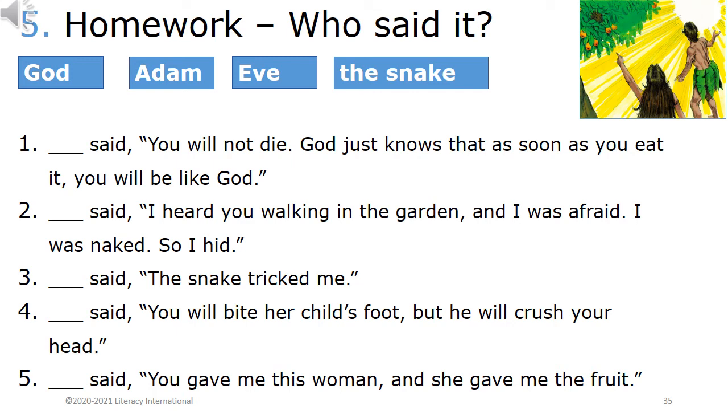I was naked, so I hid. 3. Said, the snake tricked me. 4. Said, you will bite her child's foot, but he will crush your head. 5. Said, you gave me this woman, and she gave me the fruit.